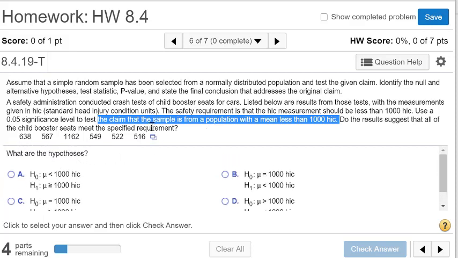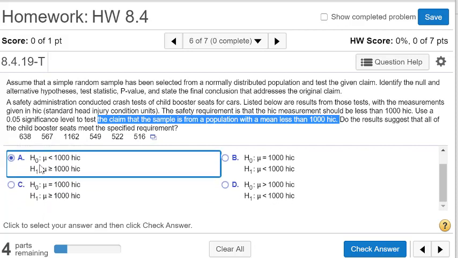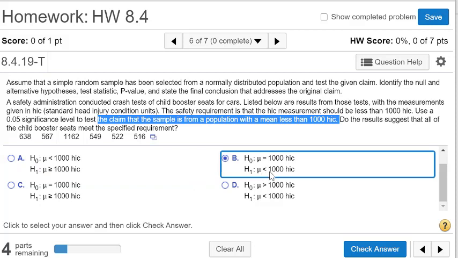And the claim again is that the sample has a mean that's less than 1000. So there's a mean that's less than 1000 here, but the less than symbol cannot be in the null hypothesis, so this isn't good. This has a less than 1000 here, and the null hypothesis has an equal to, and that is good.